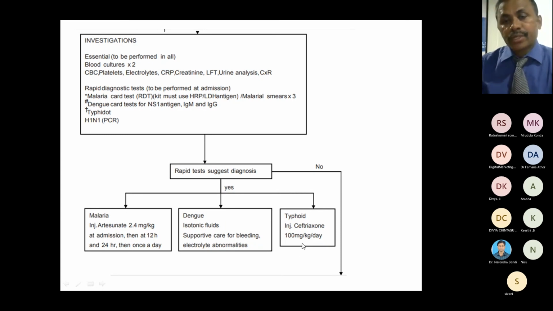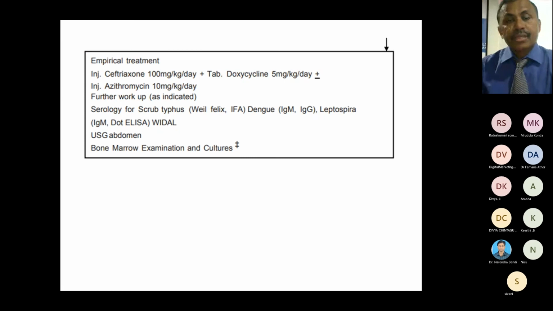So this is okay. You have reached at least some of the diagnostic components. You have an etiological diagnosis. That is good. If you don't have an etiological diagnosis, then go for empirical treatment. That is ceftriaxone 100 milligram per kg per day and doxycycline plus or minus azithromycin. And the workup: scrub typhus, dengue, leptospira, and Widal.